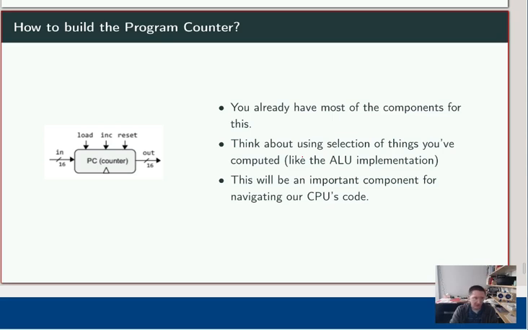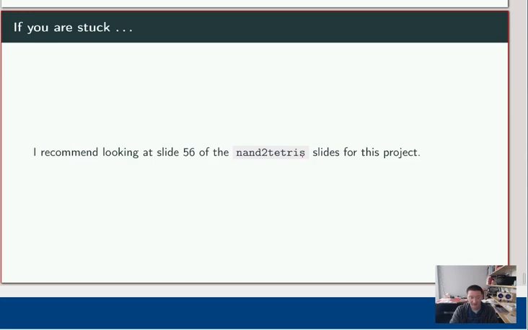And a reset just means store 0 into the program counter's memory. Think about using things you've already computed, like the ALU implementation. You have the pieces you need, and then think how you can work with those. It's fun to figure this one out. It's really not too bad at all. This is going to be a really important part of our component for navigating our CPU's code when we get to the next lesson.